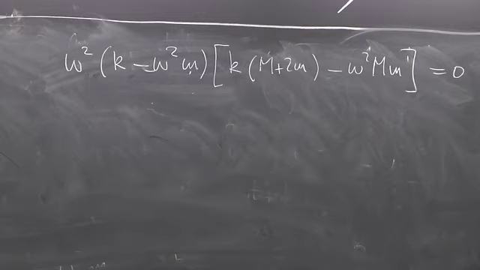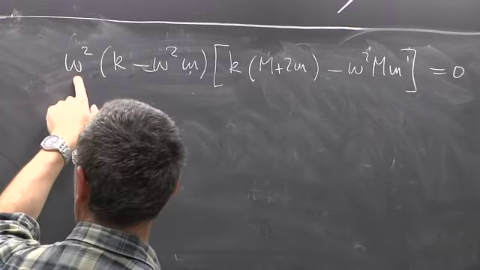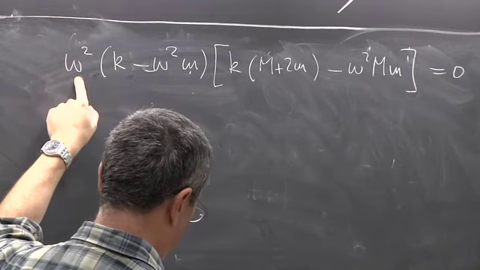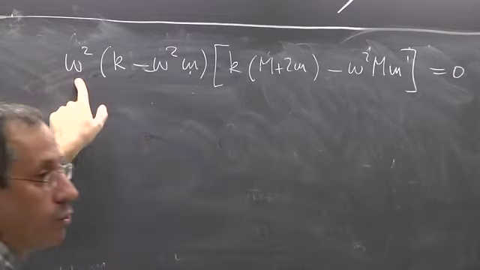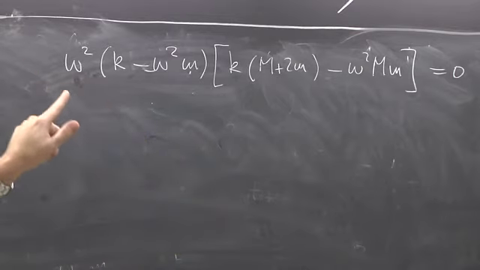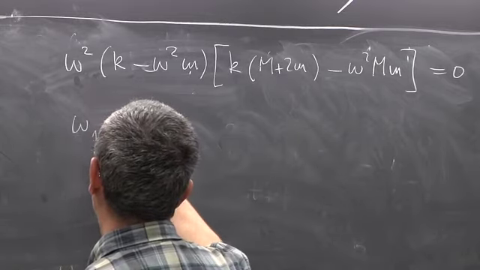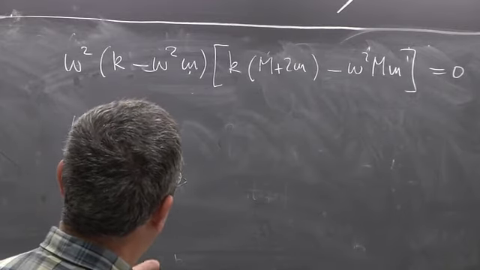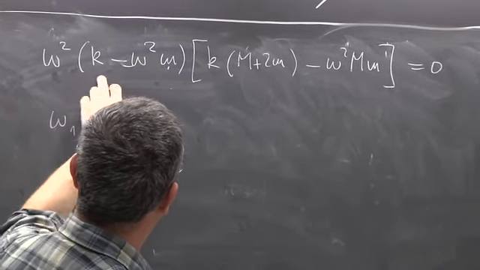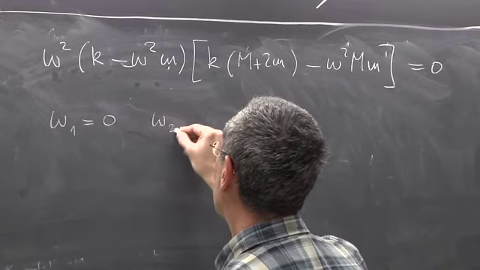So what are the solutions of this? Now actually it's omega I'm looking for, omega is my unknown. Immediately you see that if omega is equal to 0, then you get 0. So the first root is omega equal to 0. The second root is if this term vanishes, so let's call it omega 2.